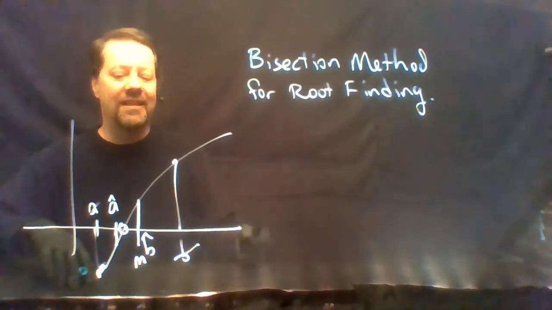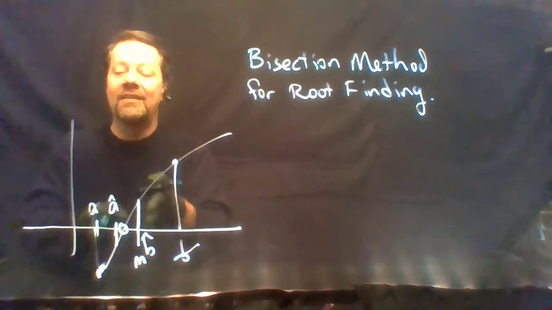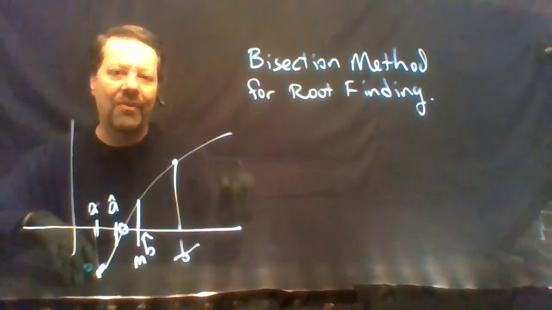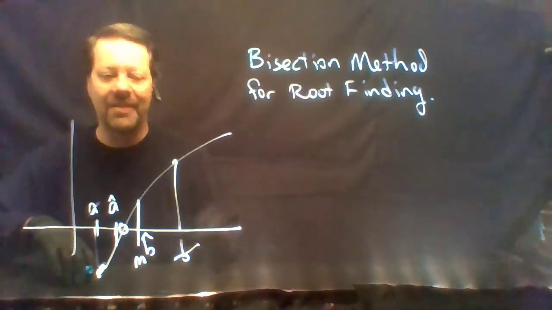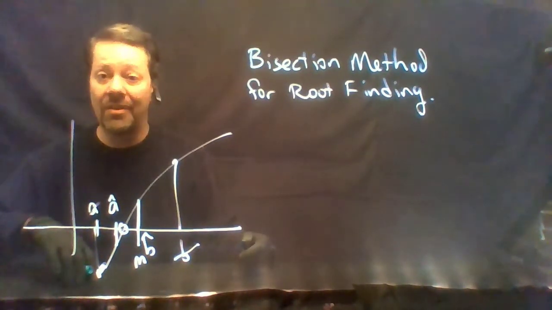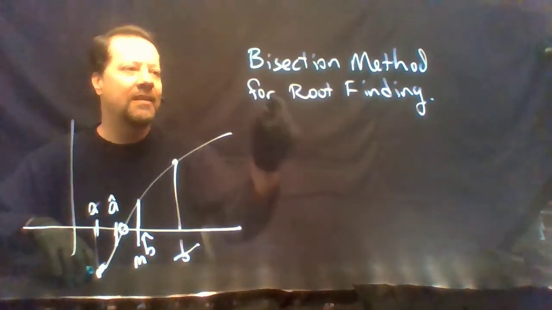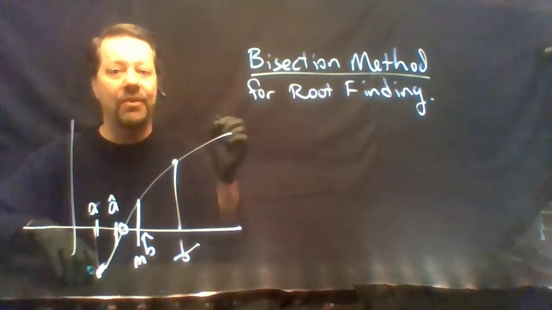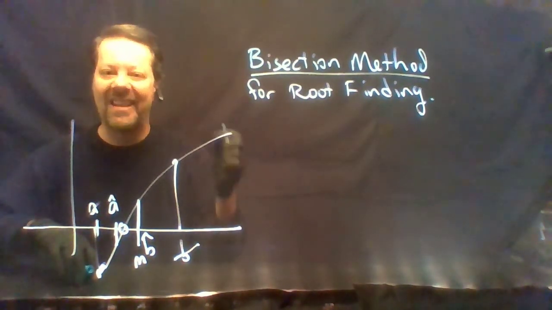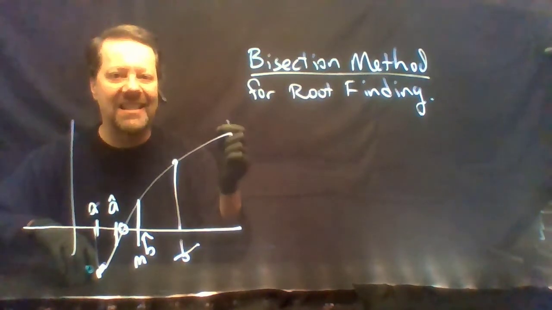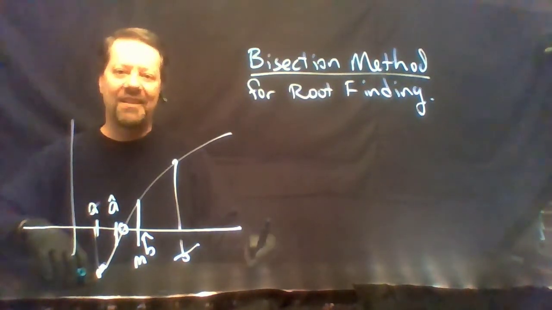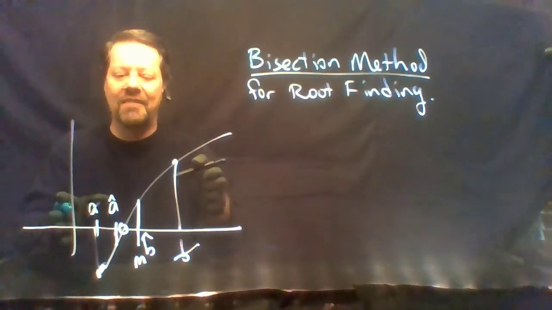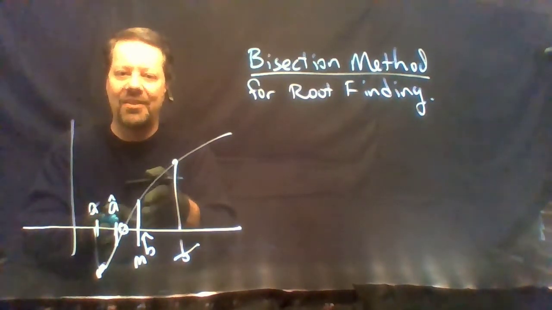You can employ this method over and over again, narrowing down the location of that root to arbitrary levels of accuracy, way beyond what you can get on your graphing calculator. The bisection method is great because you know it is going to work. The intermediate value theorem guarantees that you will converge to the solution. The bisection method is terrible because it converges very slowly to the root.